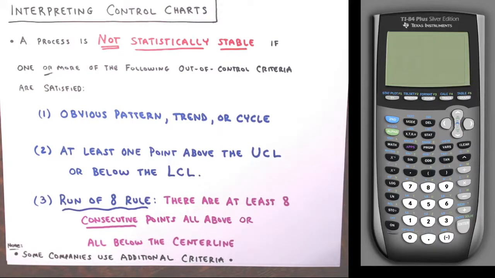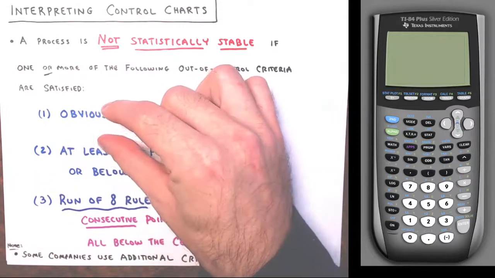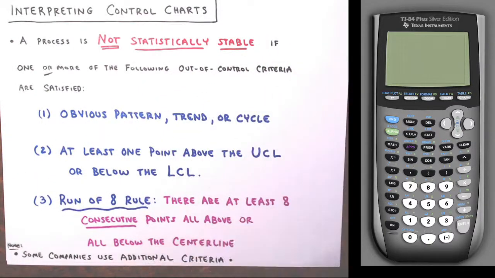So if you see the data tending upward or tending downward, or there's some obvious upward shift or downward shift in the data, maybe there's an increase in variation. It starts off with the data kind of packed together, and then it gets wider and wider as time goes on. You don't like that. That is not good. That's definitely unstable behavior.